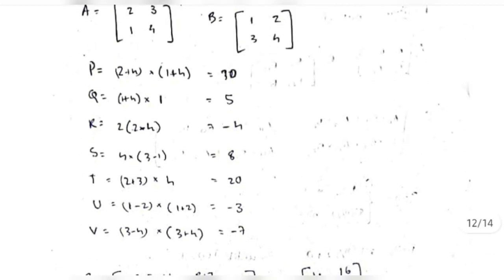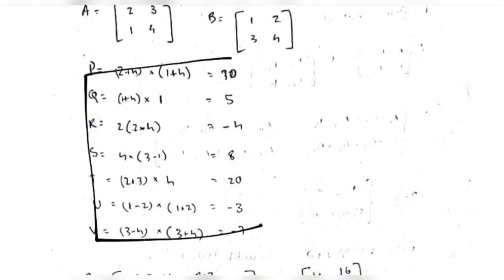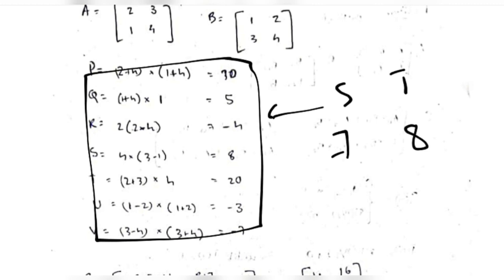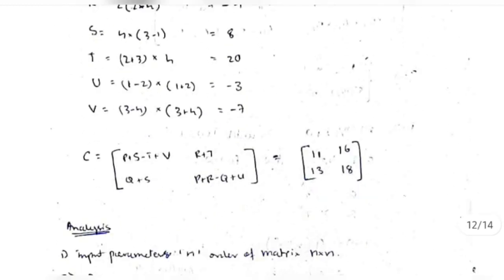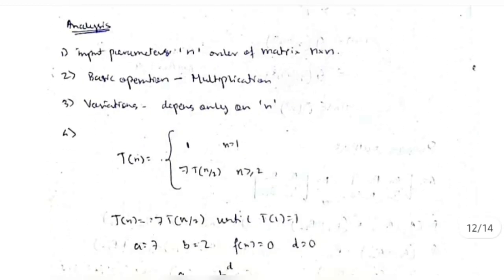It looks more tedious for us, but for the computer it is easier than the traditional method, because in Strassen's method we multiply 7 times, while in the traditional method we multiply 8 times. So what will be the time complexity?